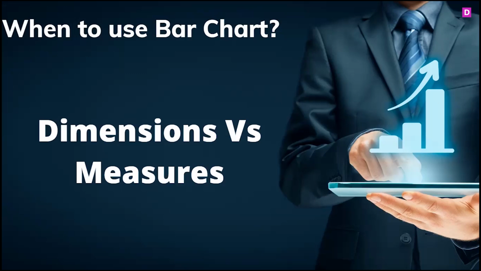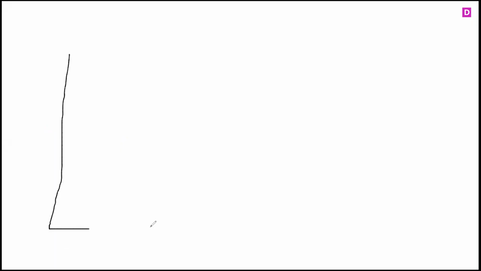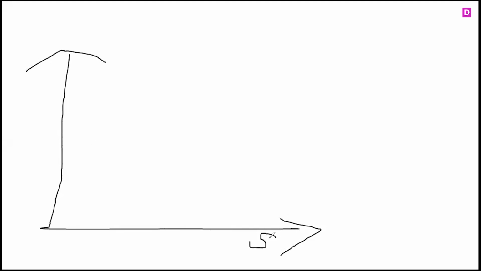Say, for example, let me take my whiteboard. So we have something like this. This is your x-axis and this is your y-axis. Now what you want to find out is maybe the sales, profit, or any kind of sales happening for your organization, and these are the years.